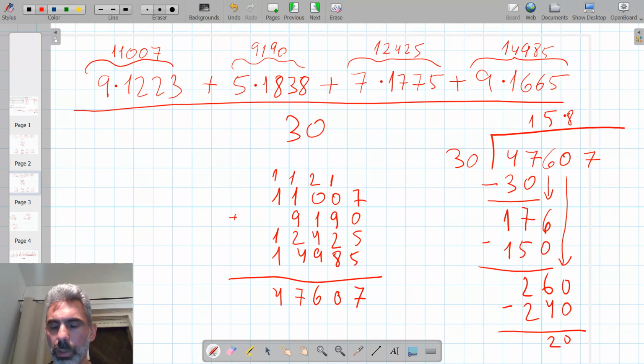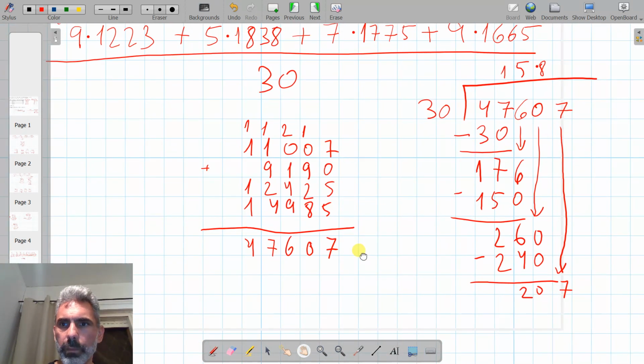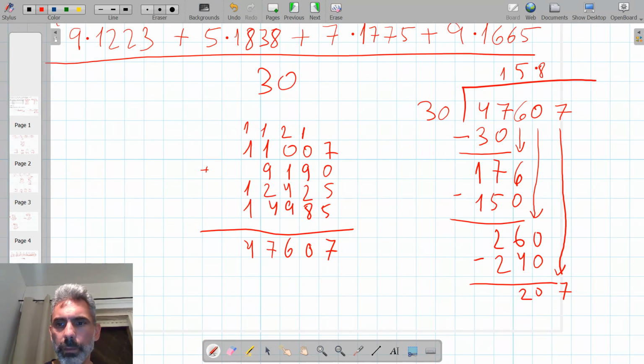30 doesn't go into 20, so I bring down the 7. Thirty goes into 207 6 times, because 7 is too much. 6 times 30 is 180. 207 minus 180 is 27.